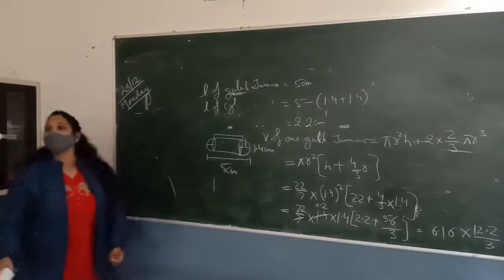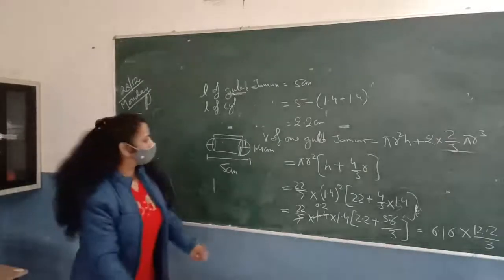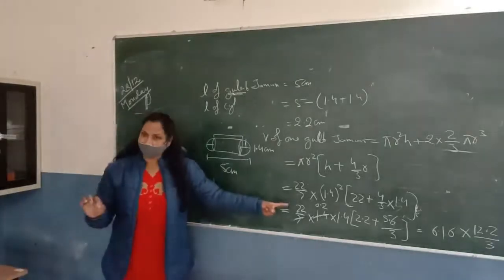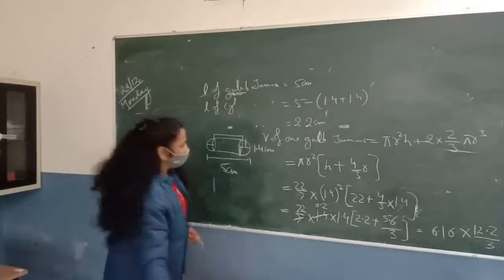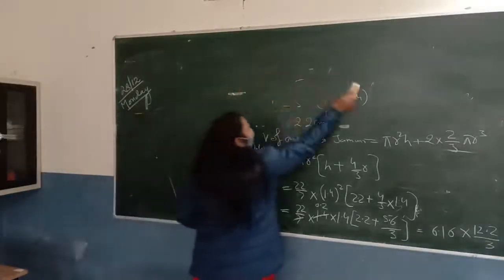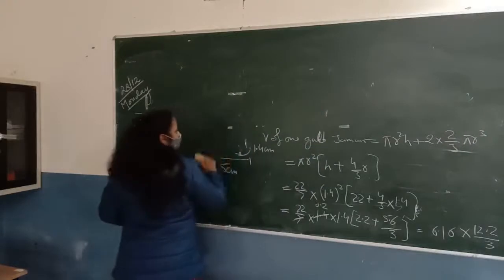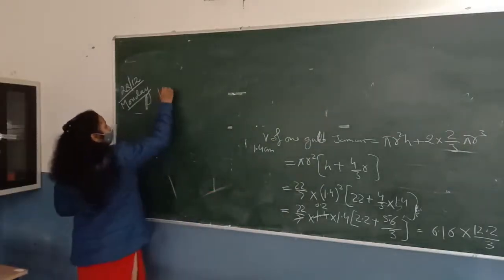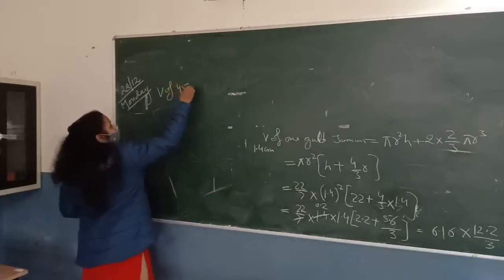Now we know that there are 45 gulab jamun. So this is the volume of 1 gulab jamun. Can you find the volume of 45 gulab jamun by multiplying it by 45? So I am going to rub this upper portion. You can write the volume of 45 gulab jamun.